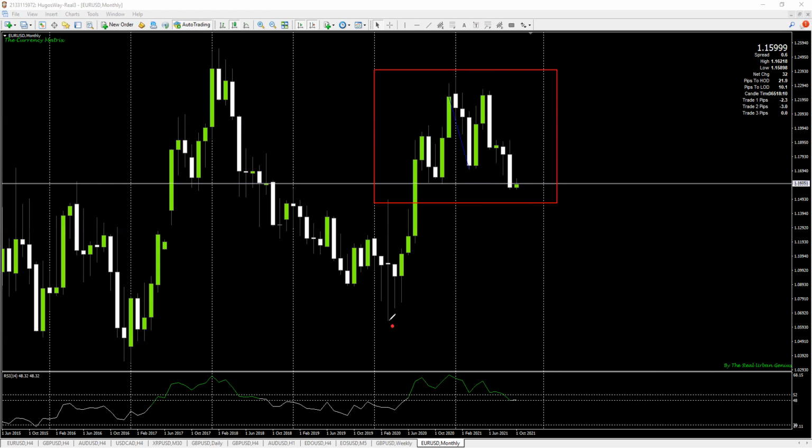Now, looking farther back to the left, this is the most recent 0 on the monthly chart. +1, +2, -1, -2. So our supportive level here on the monthly is down here. This is 0.